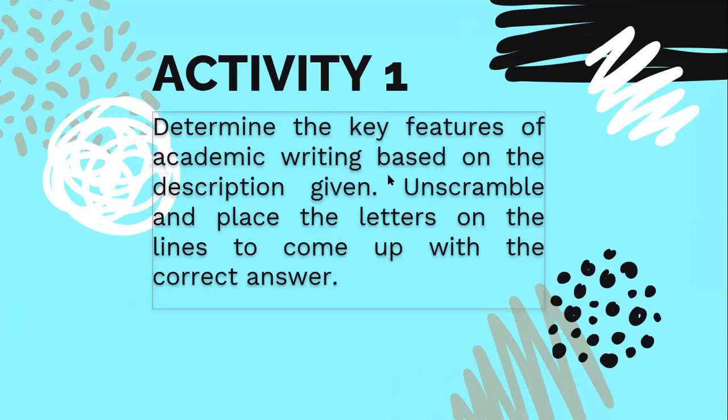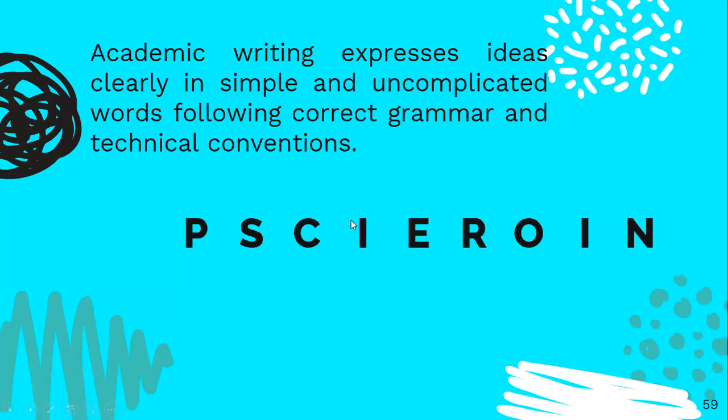Determine the key features of academic writing based on the description. The unscrambled letters are actually there and you just have to type it out on the chat pane. What academic feature refers to expressing ideas clearly in simple and uncomplicated words following correct grammar and technical conventions?